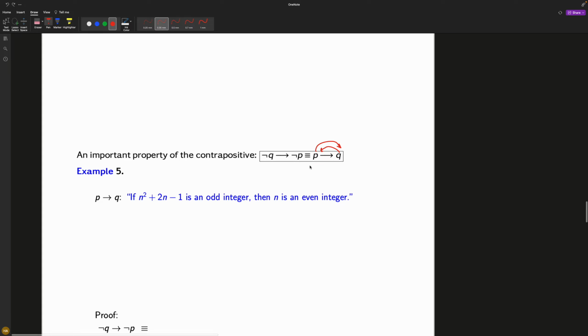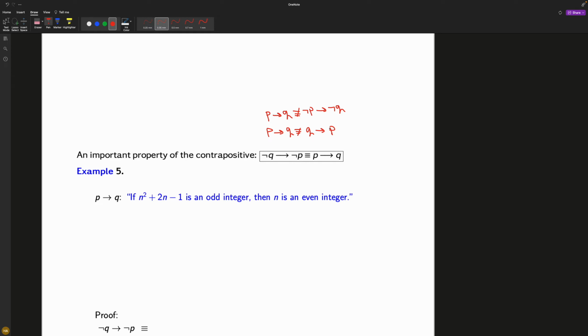But do not forget that P and Q is not equivalent to not P or not Q. And P to Q is not equivalent to Q to P. These don't equal the same.